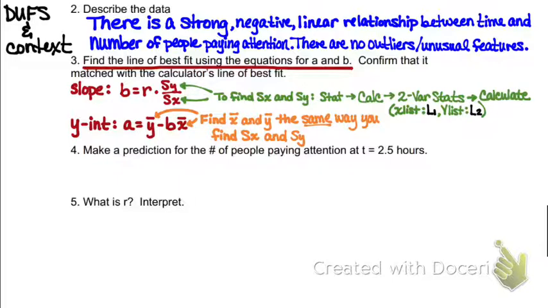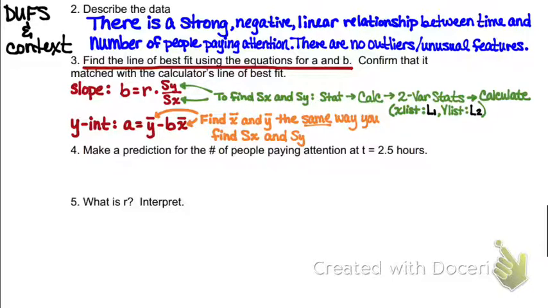All of these different pieces will be there. You might have to scroll down a little bit to find it all, but it will have a value that's called x bar. I believe that's the very first thing after you hit calculate. Sx is going to be a little bit further down, and then it gives all the stats for y. So that's where you would find y bar and Sy.